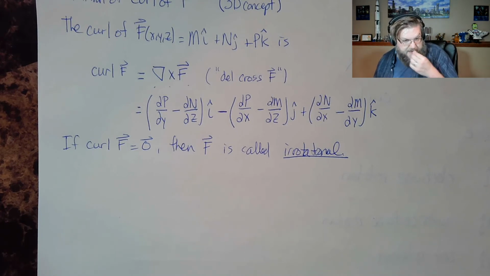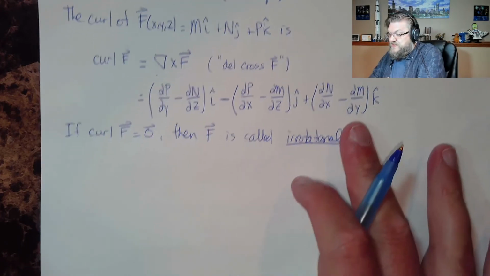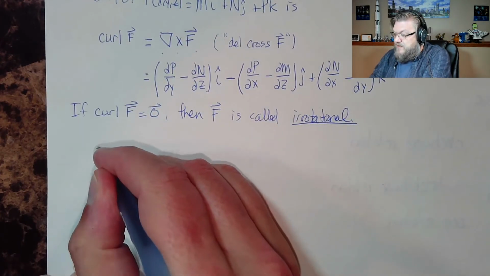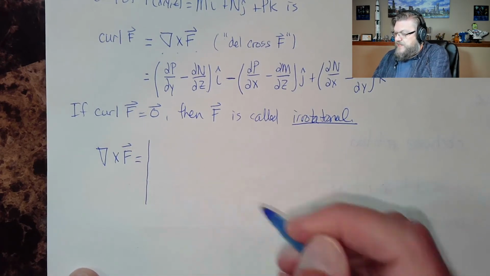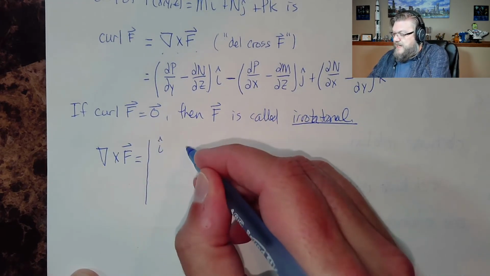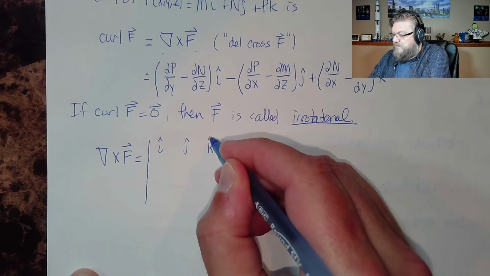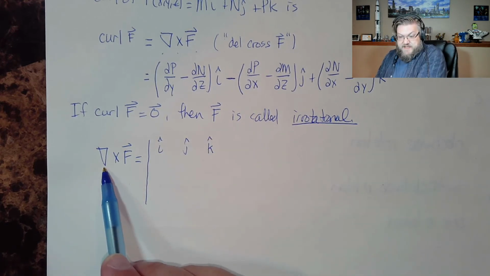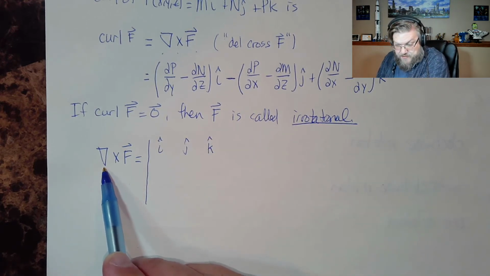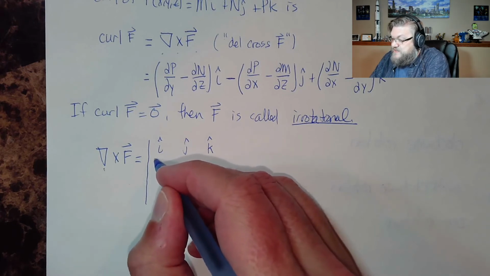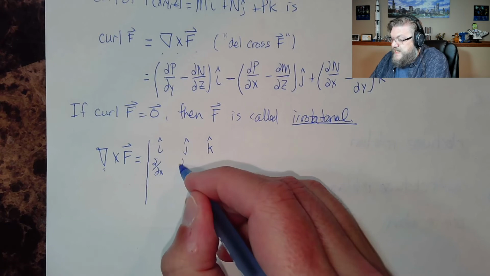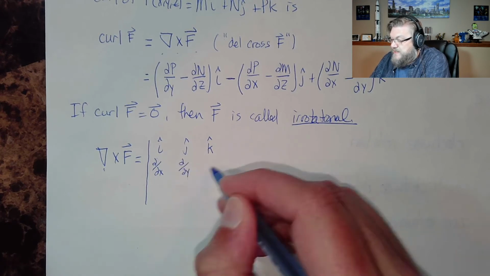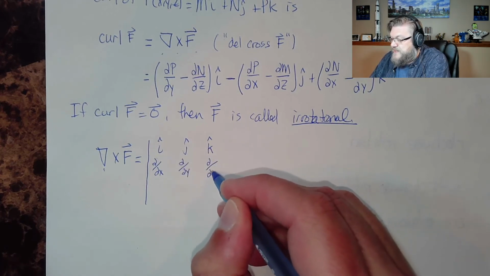Okay. Let's go ahead and demonstrate what this means. What does del cross F mean? Here's what I mean. Think of it this way. The top row is i, j, k. Del is the partial operator, right? Which means literally just take the derivative with respect to x, take the derivative with respect to y, take the derivative with respect to z.